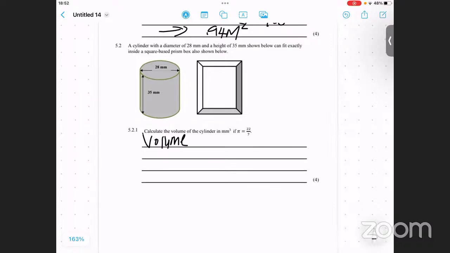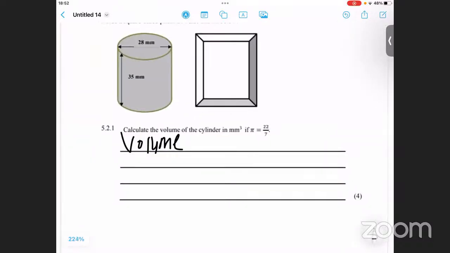How do we calculate the volume of a cylinder? What is the formula? It's pi r squared times the height. Perfect. So it's pi r squared height.